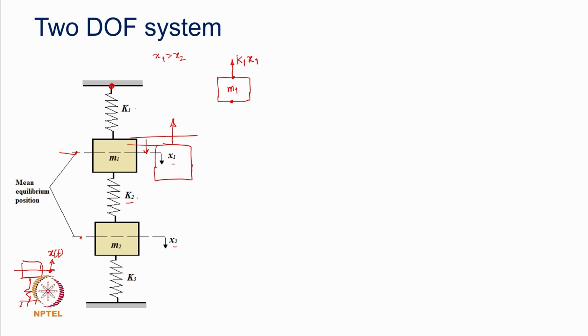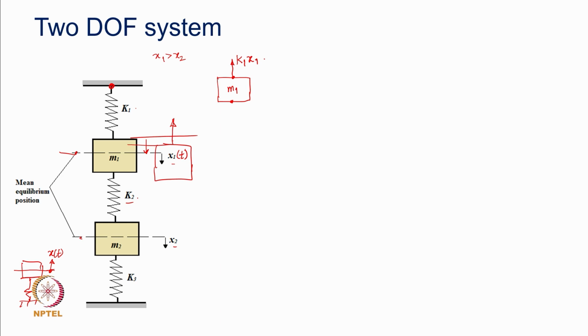Okay, x1 implicitly is a function of time, that means x1 is the instantaneous motion of the mass, x1 and x2 both. So, this force is an instantaneous value of that force acting upwards at the moment when the mass is going down, and k1 x1 is the magnitude of that force acting in the upward direction.